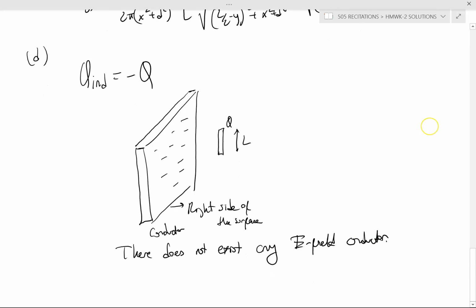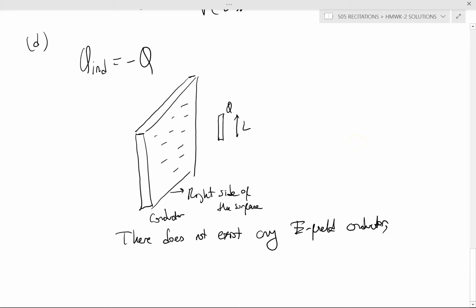Otherwise, if there exists anything during a transient phenomena, the electrons are quite free to arrange themselves so they move until there is no E field inside the metal. Hence, there does not exist any E field inside the conductor.